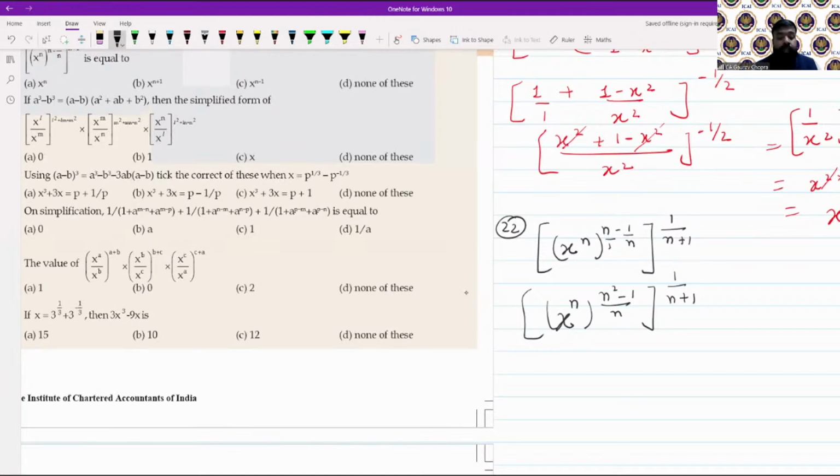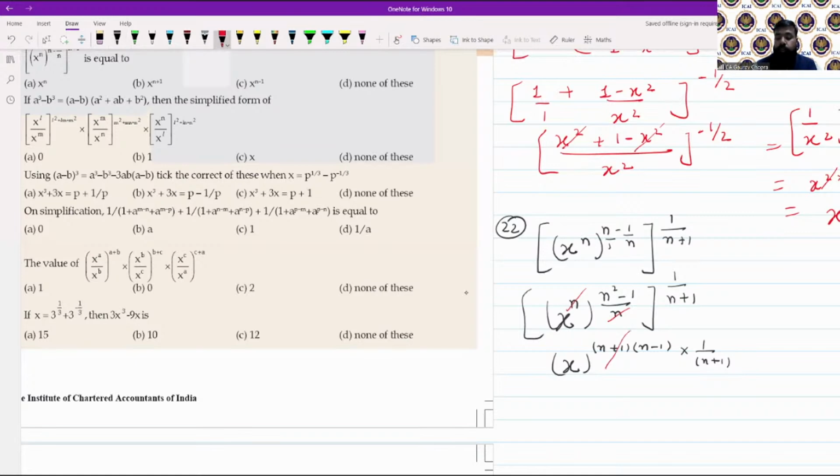Now here we have to be careful that we can cancel n. One n is in numerator, other is in denominator. So this n can be cancelled. So what is left? x to the power of n square minus 1. So we can apply the property a square minus b square. So x to the power of n plus 1, n minus 1, multiplied by 1 upon n plus 1.